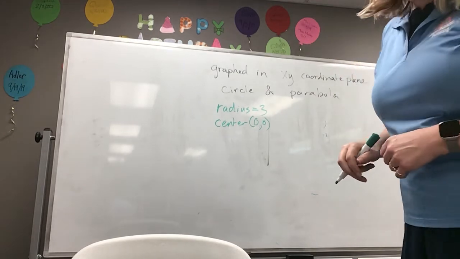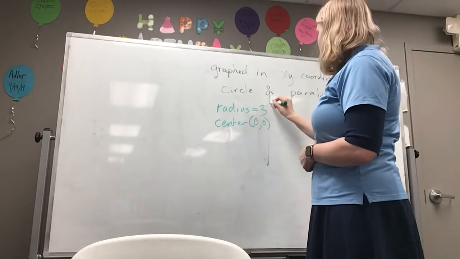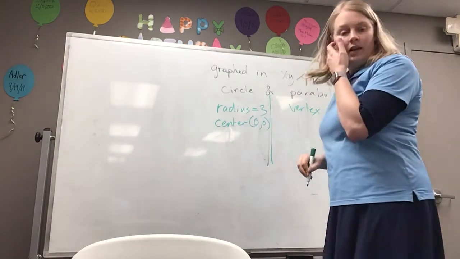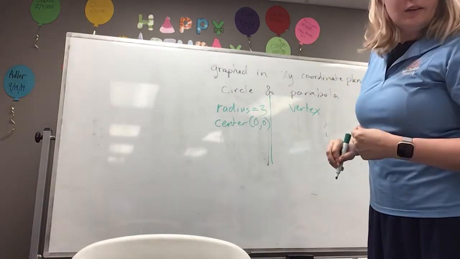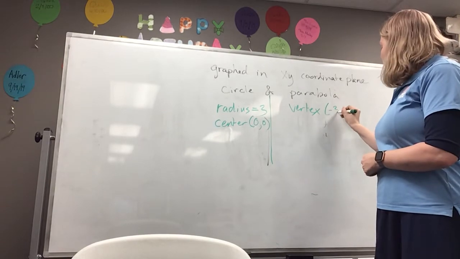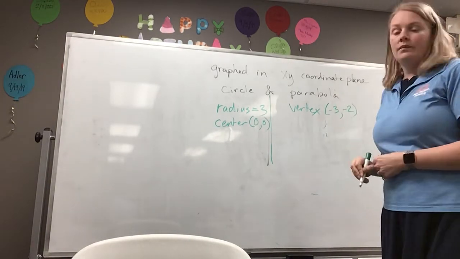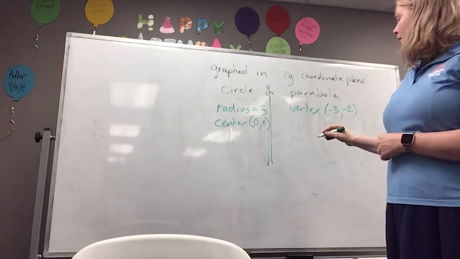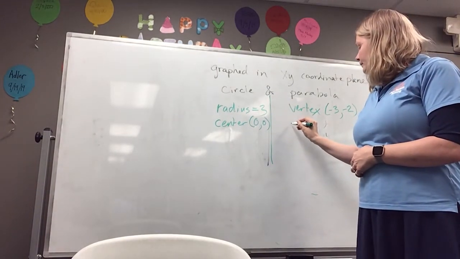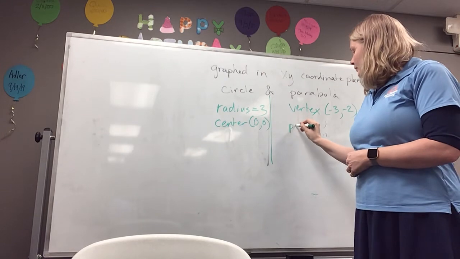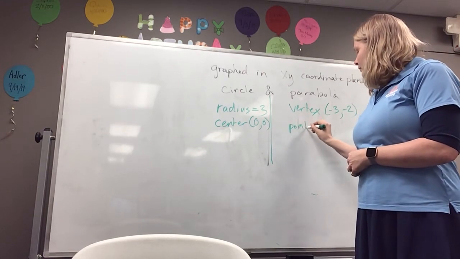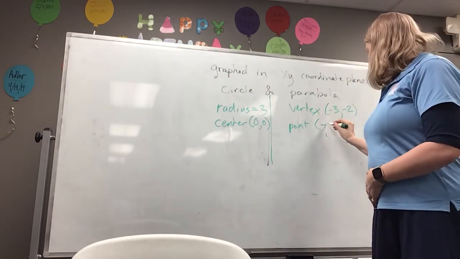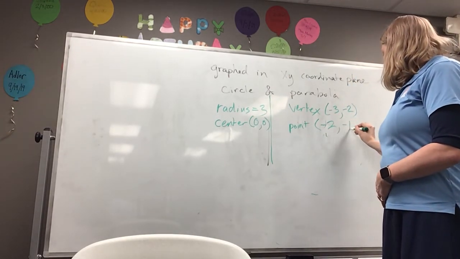The parabola has a vertex at -3, -2, and it passes through the point -2, -1.